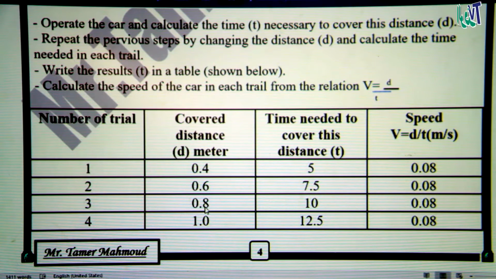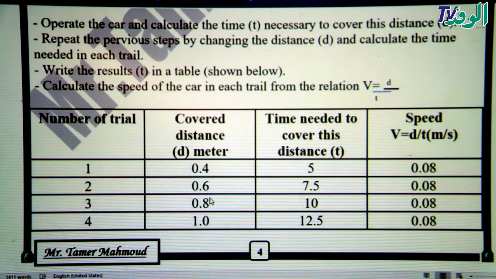Third trial, the body moves 0.8 meter in a time of 10 seconds. The fourth one, the body moves a distance of 1 meter in a time of 12.5 seconds.